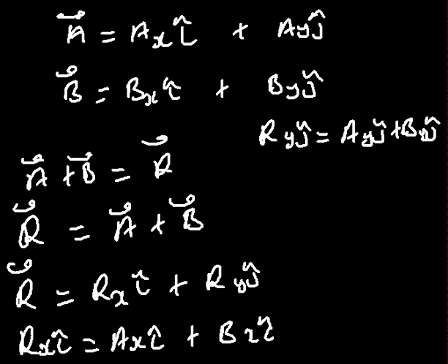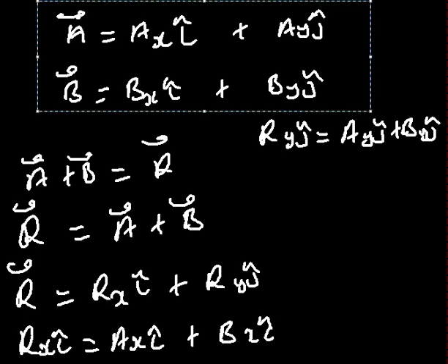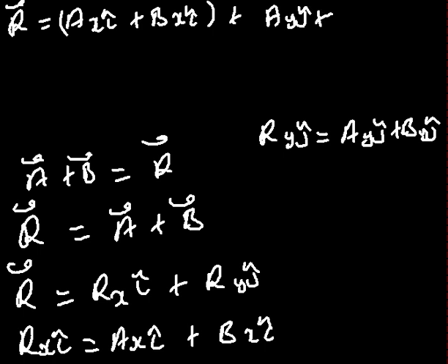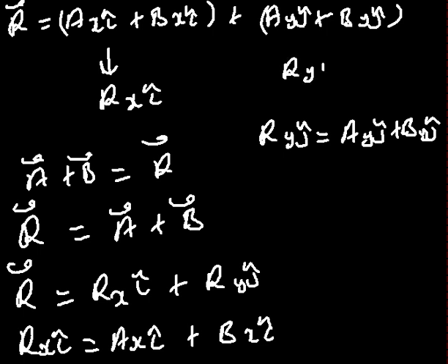So in this case, you can see that the resultant vector R is given as axi plus bxi, plus ayj plus byj, which represents rxi plus ryj. As you can see, this is the resultant vector.